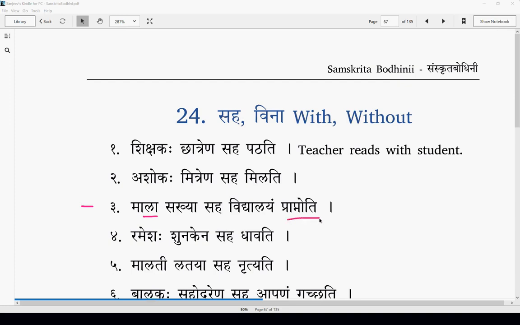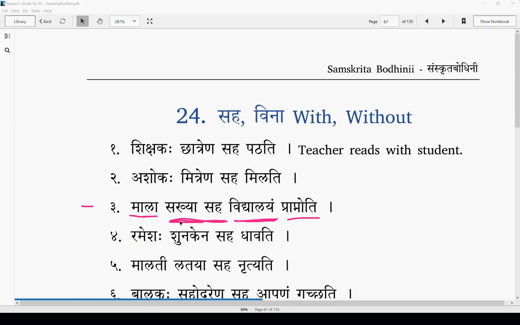What is the verb? Kriyapadam kim? Prapnoti. Reaches. Who is doing the action? Who is reaching? Mala. So mala prapnoti. Kim prapnoti? Vidyalayam prapnoti. Now kaya saha? With her, somebody else is also going. Sakhya saha.